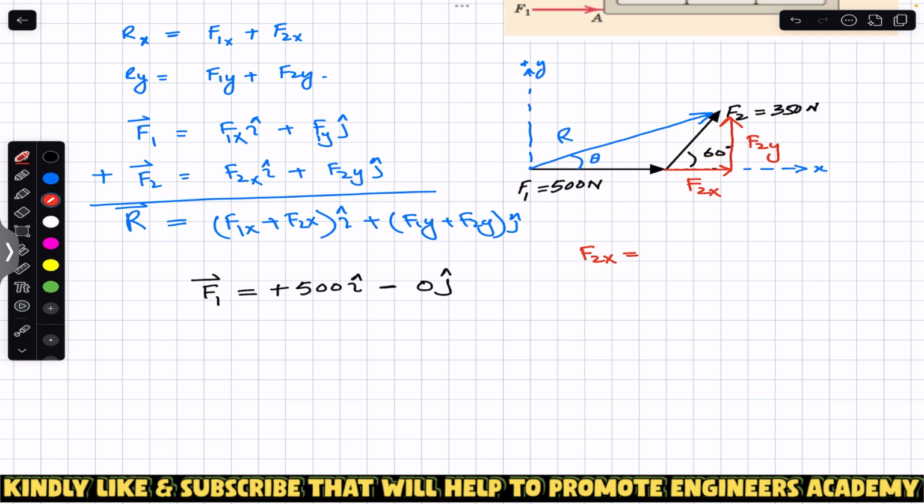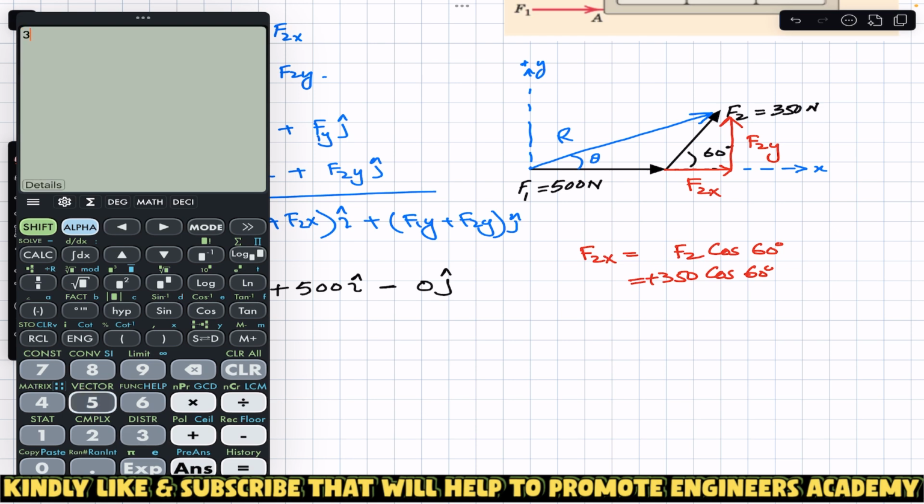So F2x will be F2 cos 60 degrees, and F2 is 350, so 350 cos 60 degrees, and F2x is in the positive x, so we must write a positive sign with it. So F2x, the scalar component of F2 in the x, is plus 175 Newton.